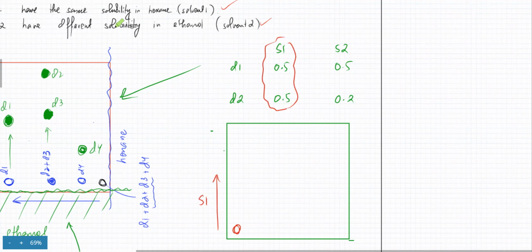So इसका मतलब है they would not be separated by solvent 1 because they're going to travel the same distance. और कितना distance travel करेंगे वो? बीच में होंगे, top पे होंगे, bottom पे होंगे, किधर होंगे? What does RF value 0.5 mean? Halfway on. ठीक है, so both dyes D1 and D2 would basically end up here. So इसका मतलब है the first solvent would fail to actually separate them.